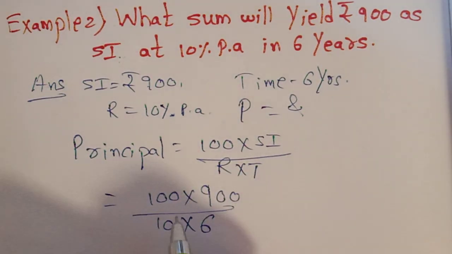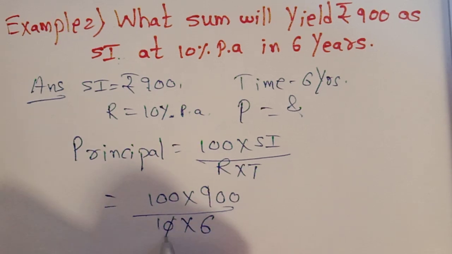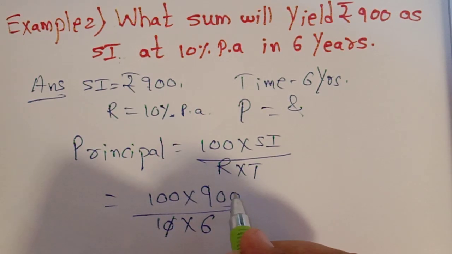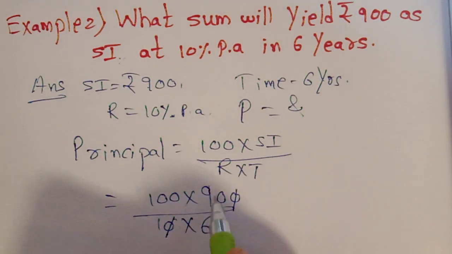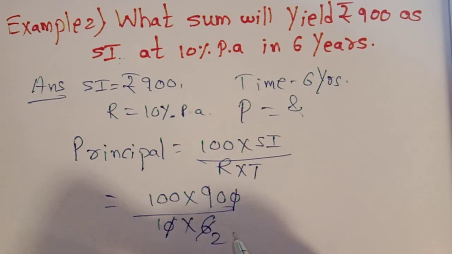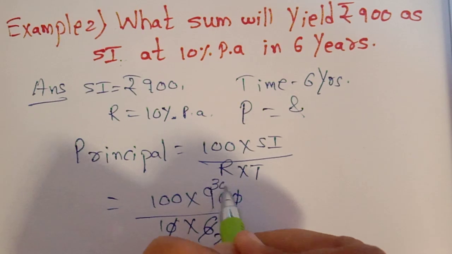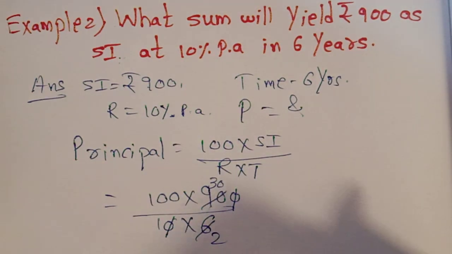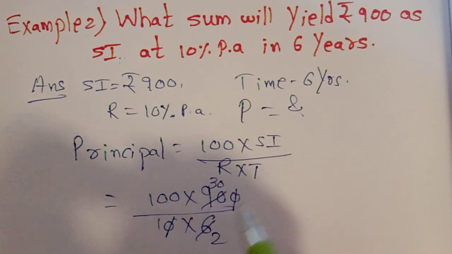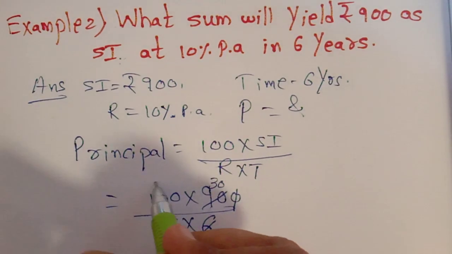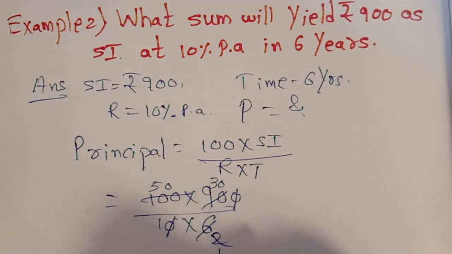Now you can cancel 0 and 0. Now in the 3 table you can cancel this one here. 3 2s are 6 and 3 3s are 9, 3 30s are 90. Again you can cancel, 2 1s are 2, 2 50s are 100, also we can cancel here.